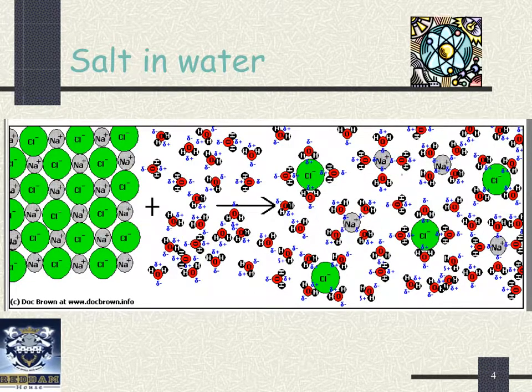And so around each sodium ion, the oxygens orientate themselves closer to the sodium, and around each chloride ion, the hydrogens orientate themselves closer to the negative chloride ion.